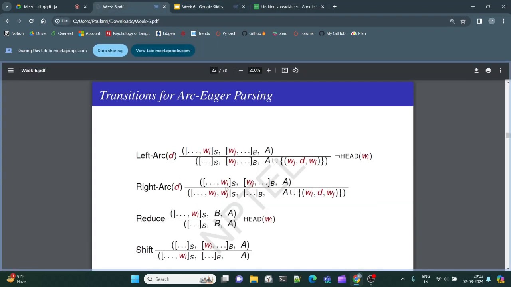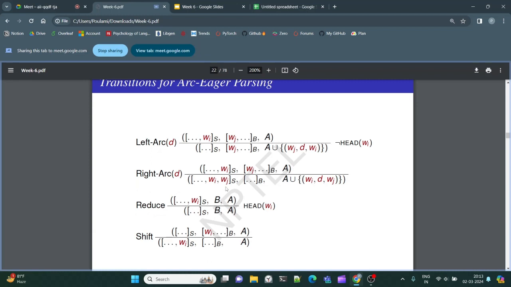So let's see. I'm again sharing the slides. See in what cases you can remove a word from the stack. I'm moving my cursor over those. When I do a left arc operation, just focus on this part: wi was dropped. When I'm doing a right arc, wi is retained, so no word is dropped; wi was in the buffer and I move it from the buffer to the stack.